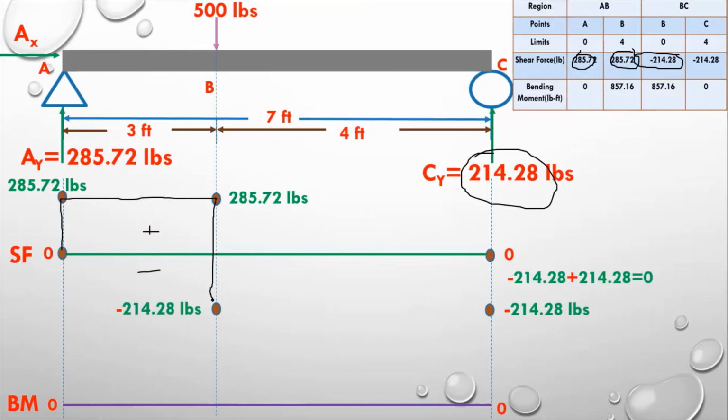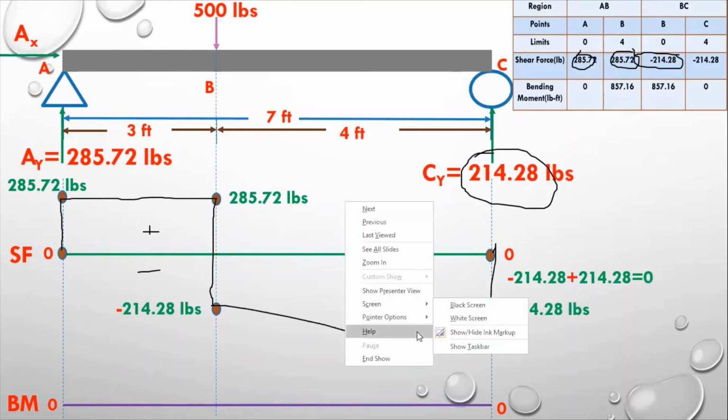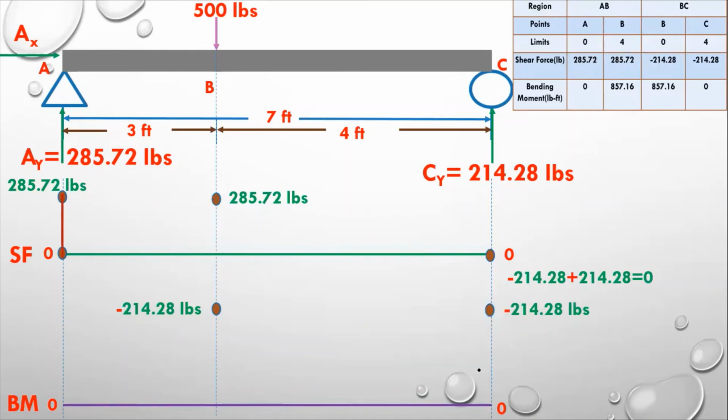We will move according to the points we have taken. I have taken this rough line, so let me rub all this mess. I will draw it properly, look, from 0 to 285.72 pounds, then a straight line, then it goes down, then a straight line, then it goes up.